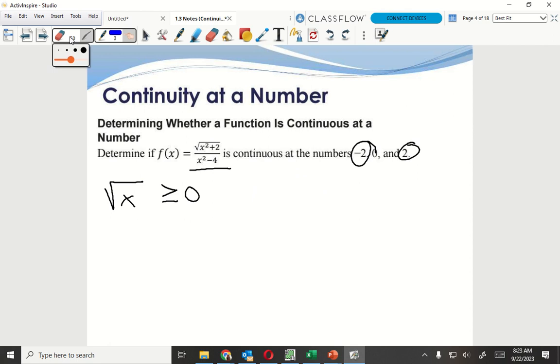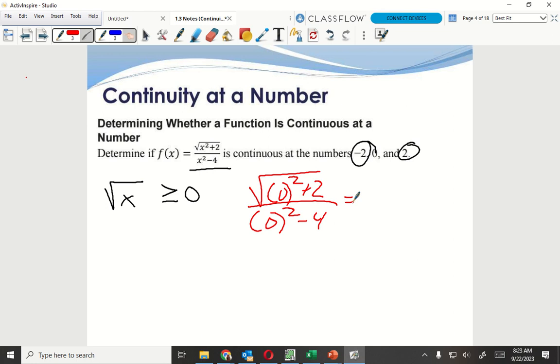Now those points are not continuous, but what about 0? Can I plug in 0? I didn't have any problem with it in the numerator. So let me do the math right here. I'm going to get square root of 2 over something.